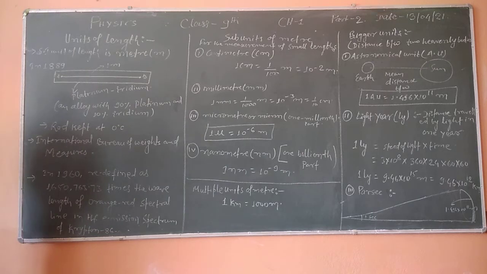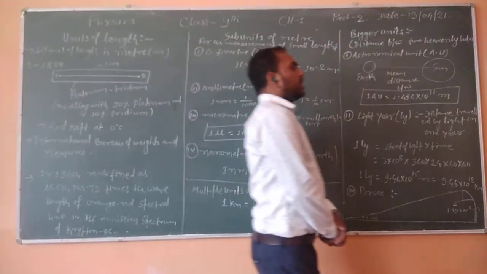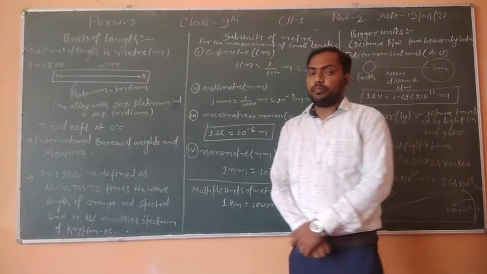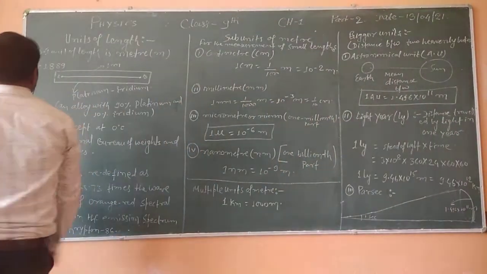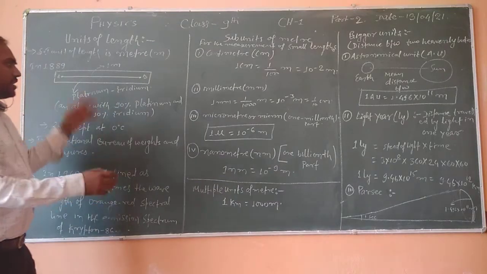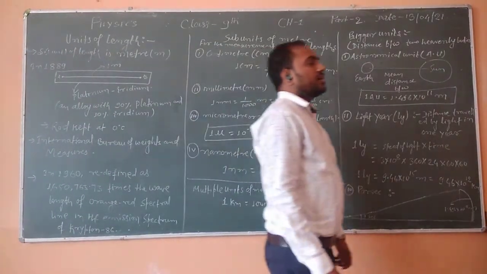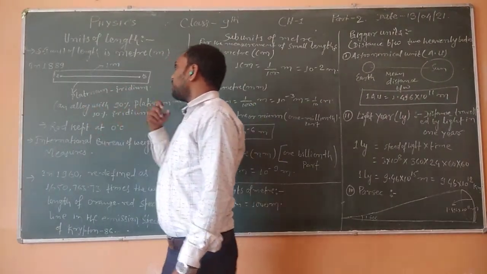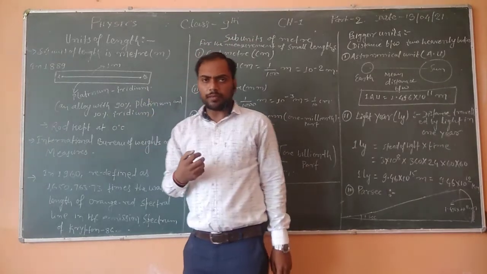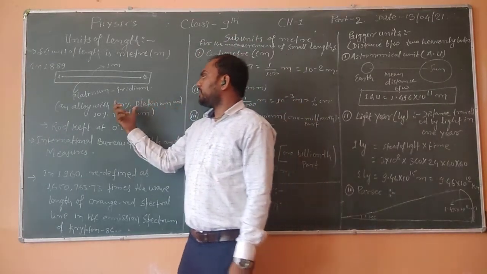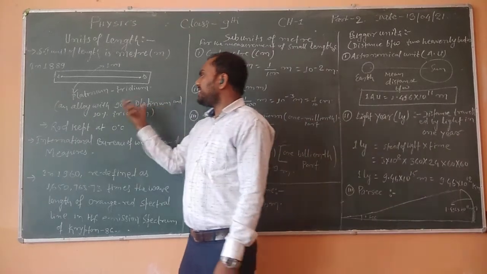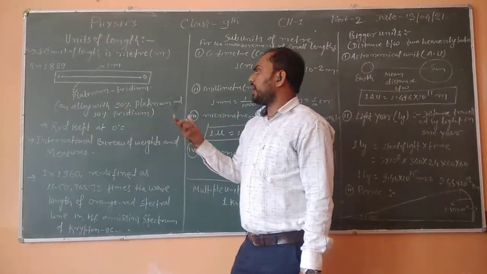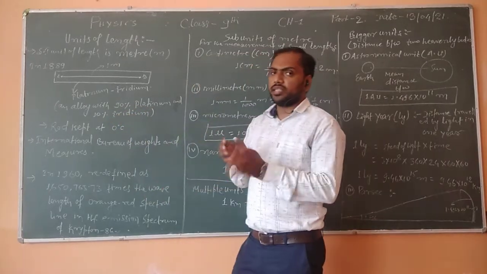In 1889, the scientists selected a platinum iridium plate, which is an alloy of platinum and iridium, in which 90% is platinum and 10% is iridium.